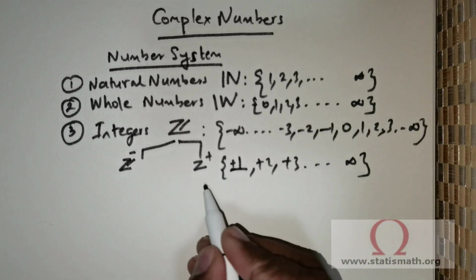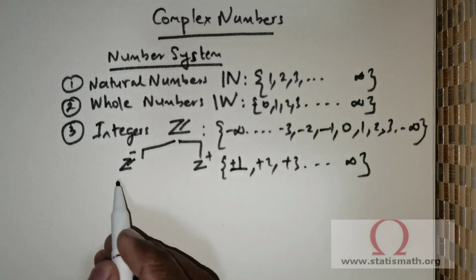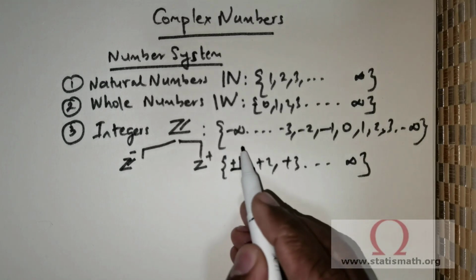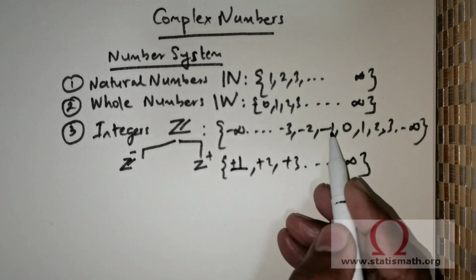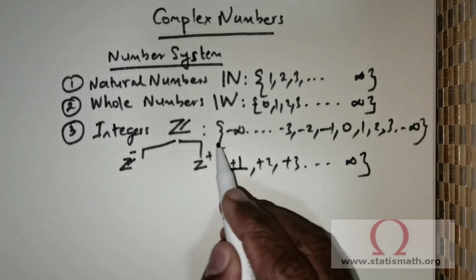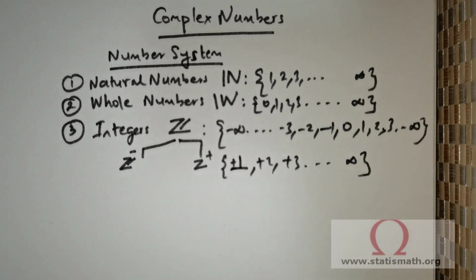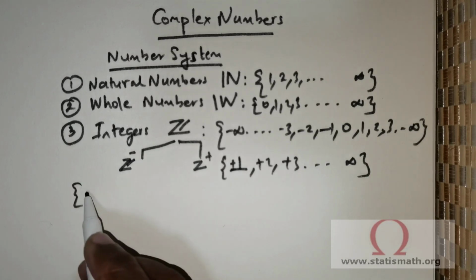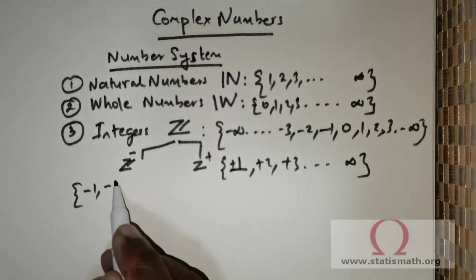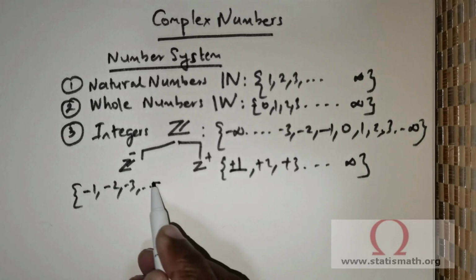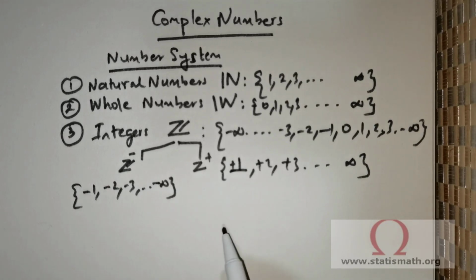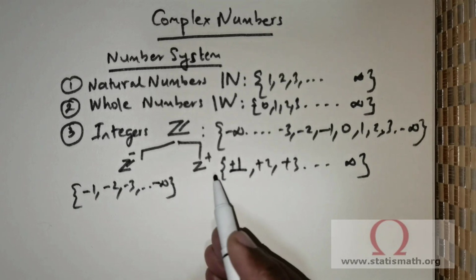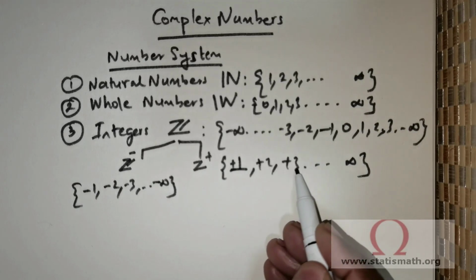Negative integers go from negative 1, negative 2, negative 3, and go up to negative infinity. So the set of negative integers is negative 1, negative 2, negative 3, and so on up to negative infinity. Of course, as I mentioned, positive integers are plus 1, plus 2, plus 3, and go up to infinity.